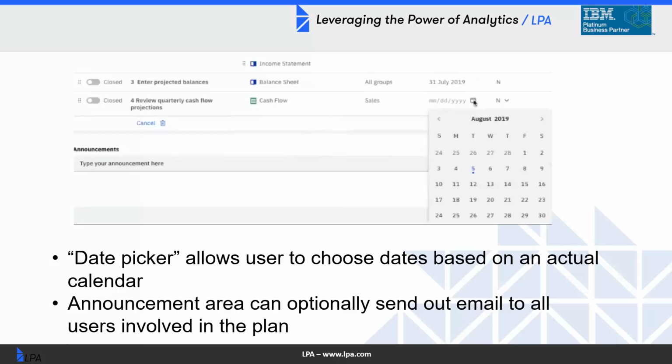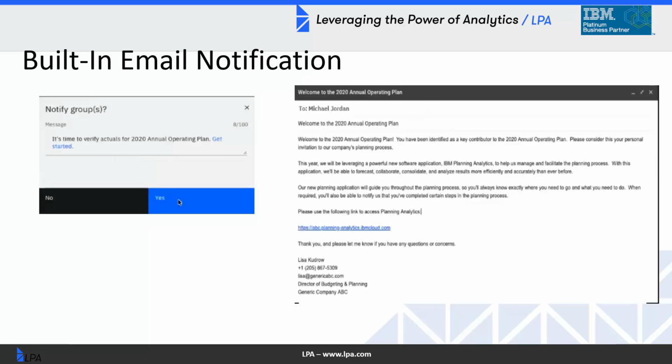With the due dates for each sprint, there is now a date picker behind the scenes. So no more trying to figure out what the right format of the date is. You can actually pick from a calendar. So you can fast forward or reverse or whatever and pick an individual day. And then you can also type in the announcements on that main screen too.